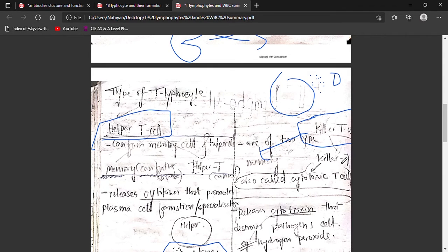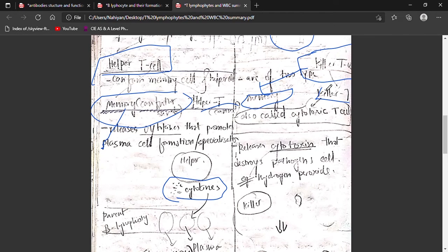Here also we get memory cells, and these memory cells, unlike the active ones, can further divide. So they can create more memory cells and more helper T cells. These are the active forms, and these are the memories, which can divide. That's the importance of having memory cells of their counterparts.